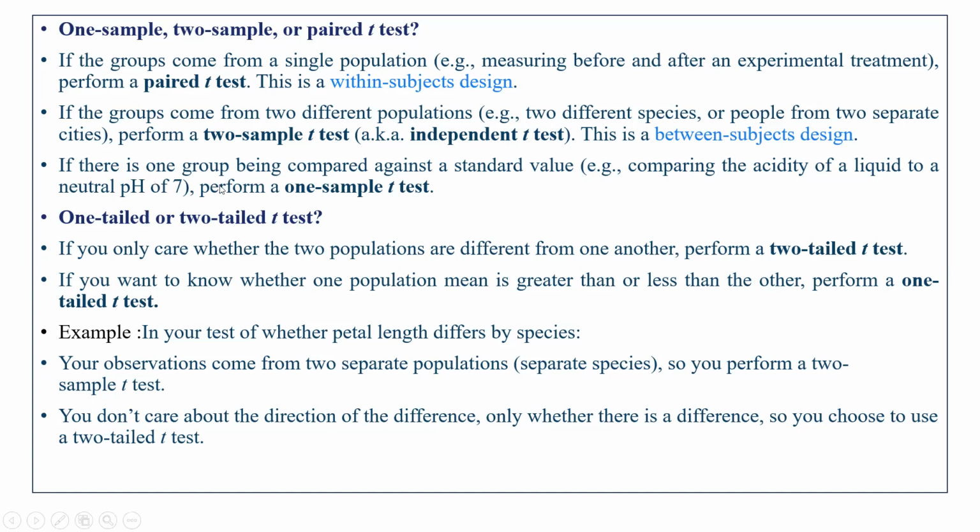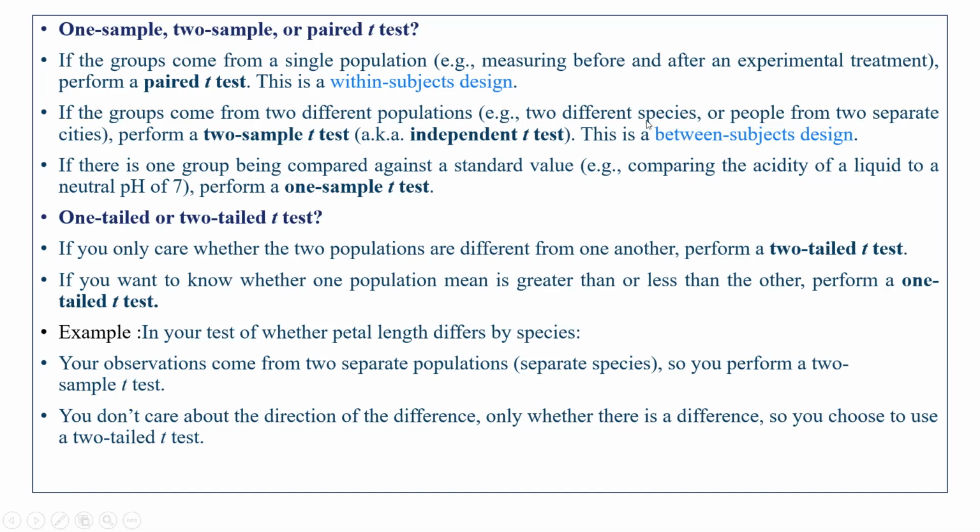So if there is one group being compared against a standard value, that is comparing the acidity of a liquid to a pH that is normal or a neutral pH 7, then you can perform the one sample t-test. So these are the different t-tests you can perform as per your requirement.